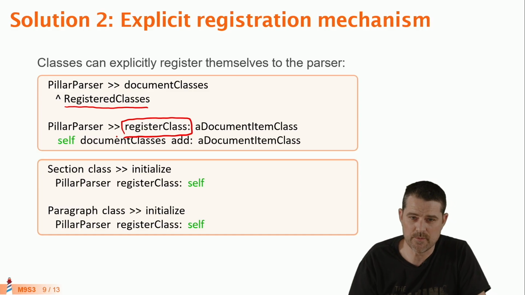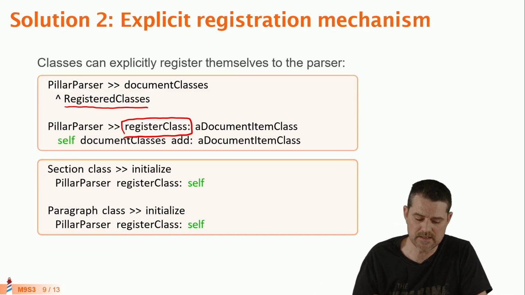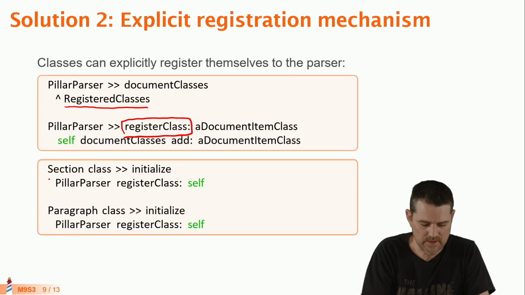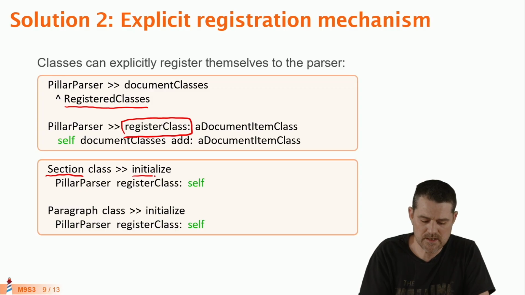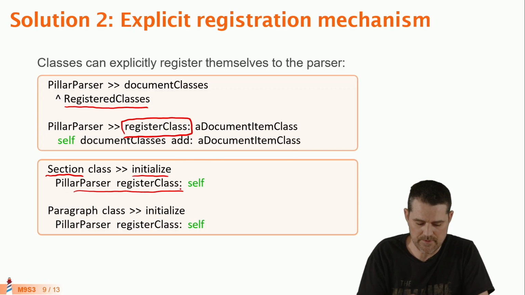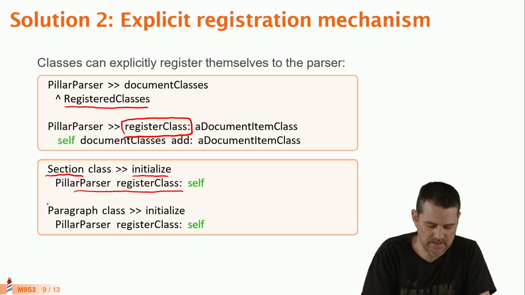So I will provide a register class method, so that a new class in the system can register itself in the Pillar parser, saying, okay, now I can handle those elements in a document. For example, if I have a section class and I load it, when I initialize the class, it will register itself directly in the Pillar parser. The same for paragraph.